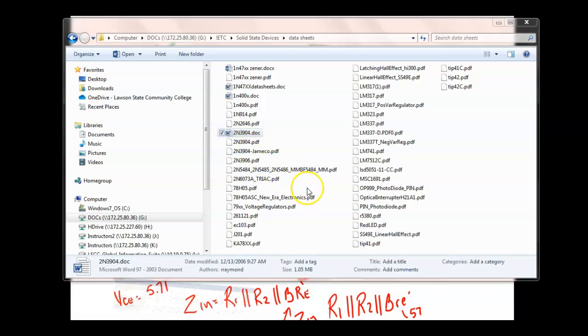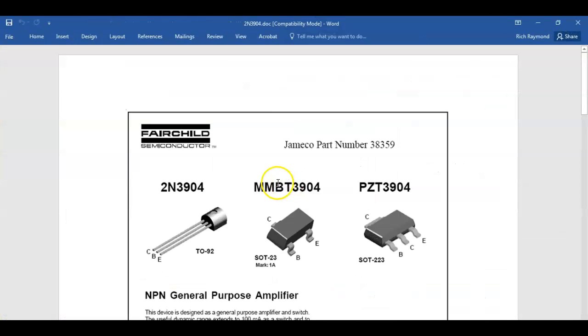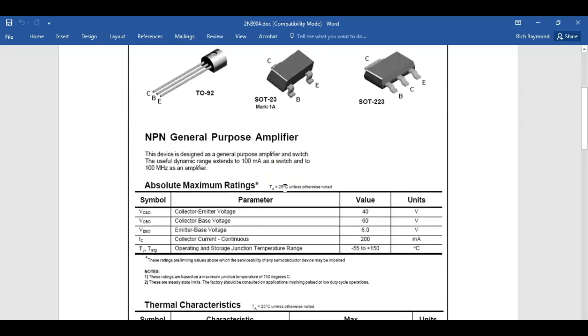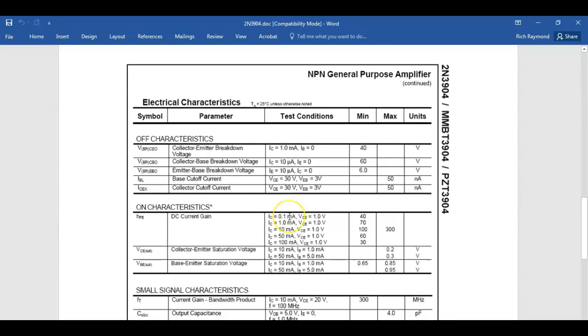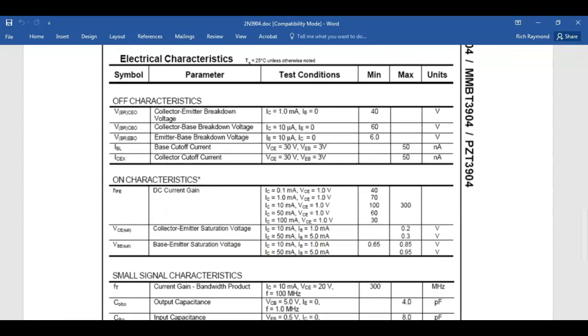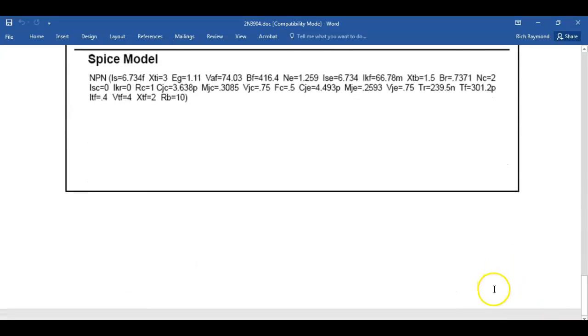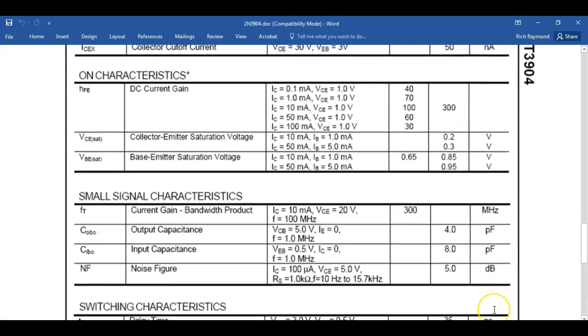Question is, if you don't know VA, this calculation of having... So here's the beta of 3904. Here's the beta for 3904.